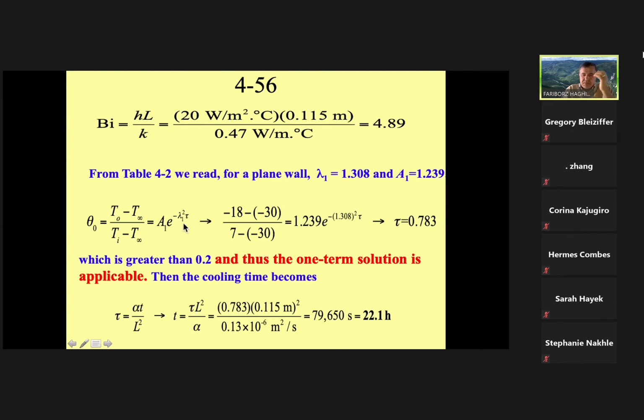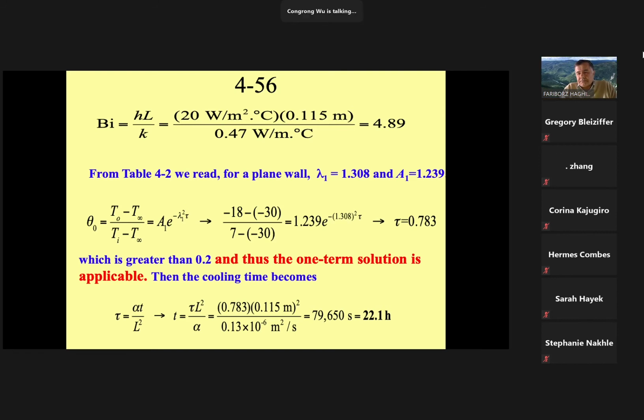We started here and assumed the Fourier number is more than 0.2. We used this equation for the first term. We went to Table 4.2 and found lambda and A. We substituted and found the Fourier number. Well, it is 0.7, more than 0.2. Therefore, we are okay. Then we go back using the definition of the Fourier number to find the time, and it took 22 hours, 0.1 hour.